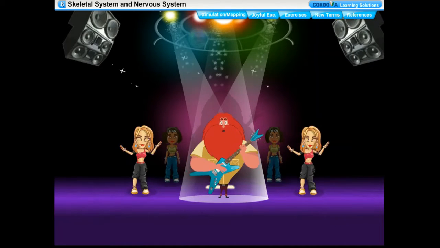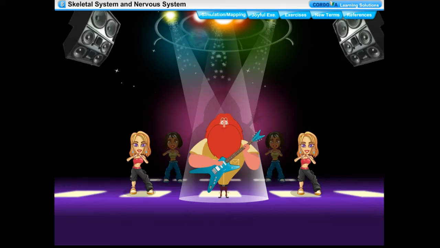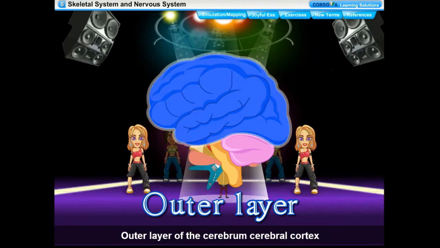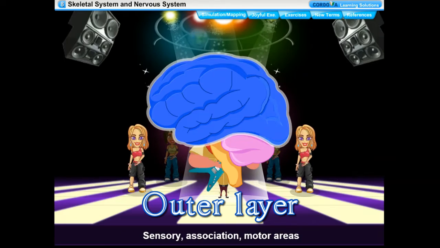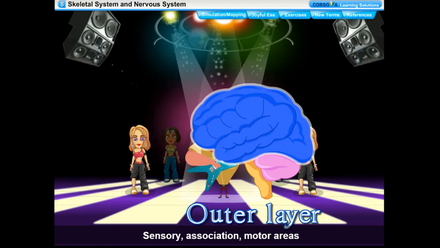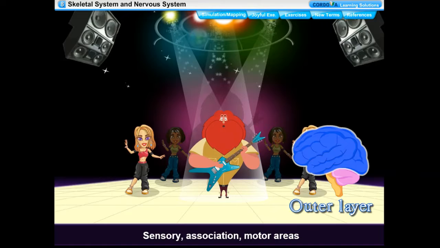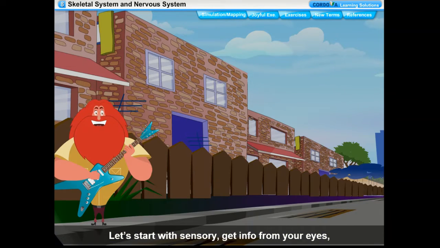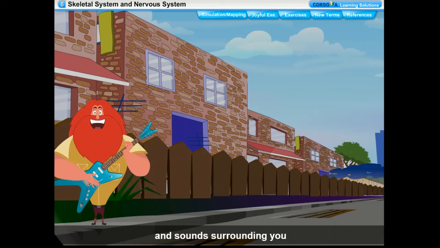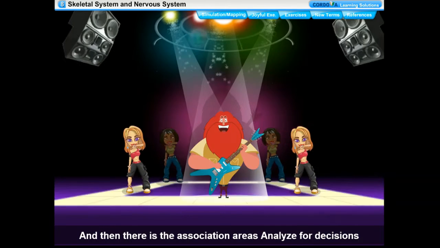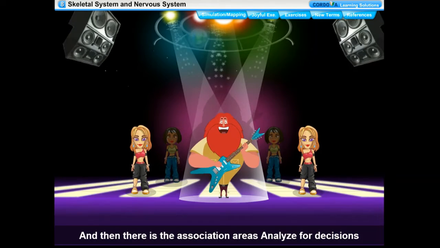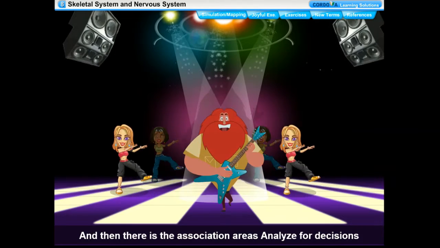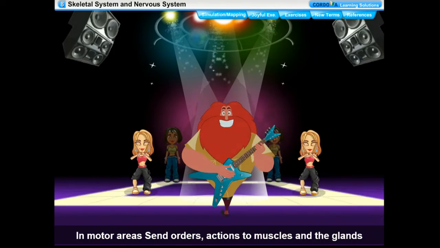Outer layer of the cerebrum, cerebral cortex. Sensory, association, motor areas. Let's start with sensory. Get info from your eyes and sound surrounding you. And then there is the association areas. Analyze for decisions in motor areas.